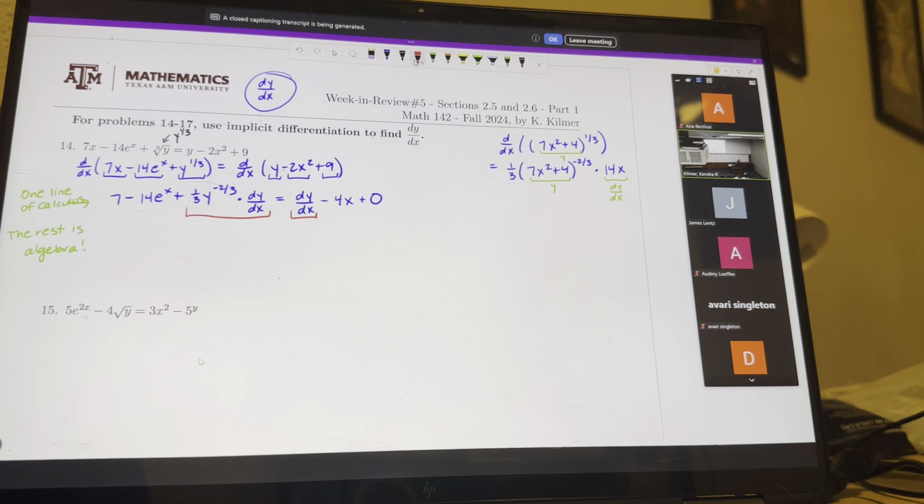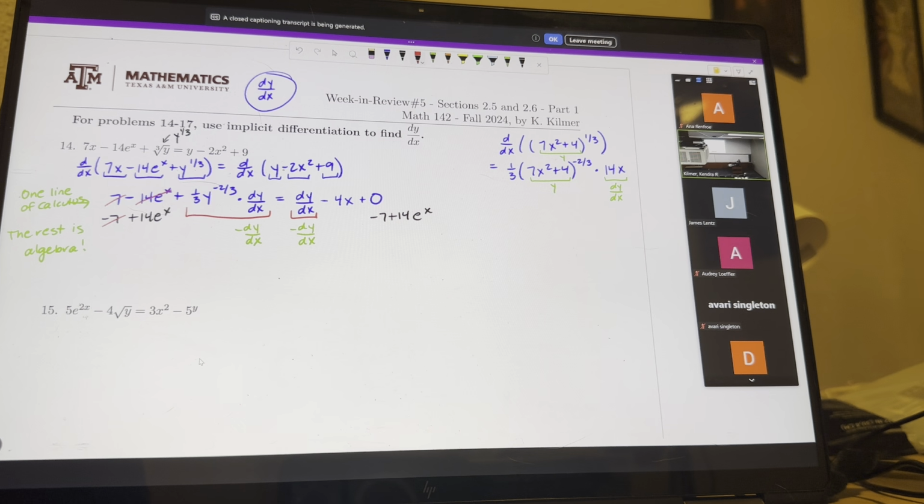All right. I'm trying to decide to what extent I want to show this. So I need to subtract dy/dx from both sides. And then I need to subtract 7 and add 14e^x to both sides.